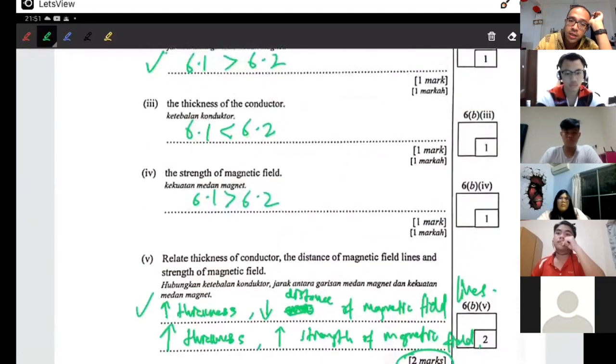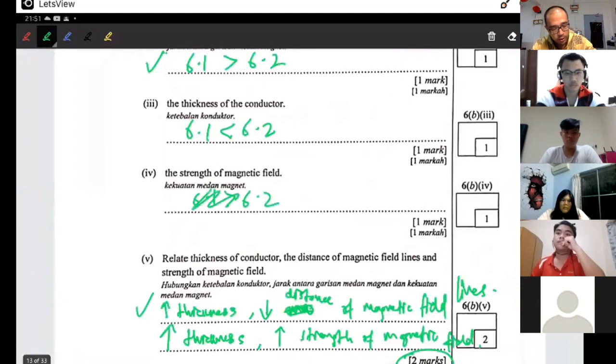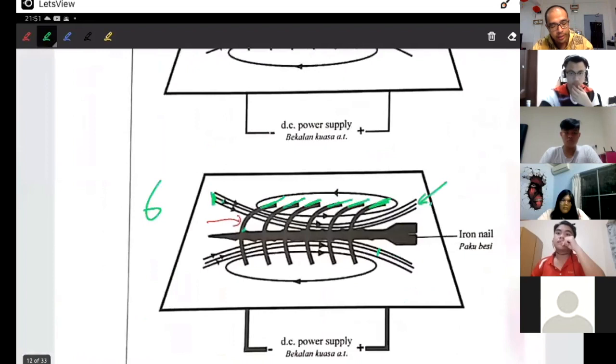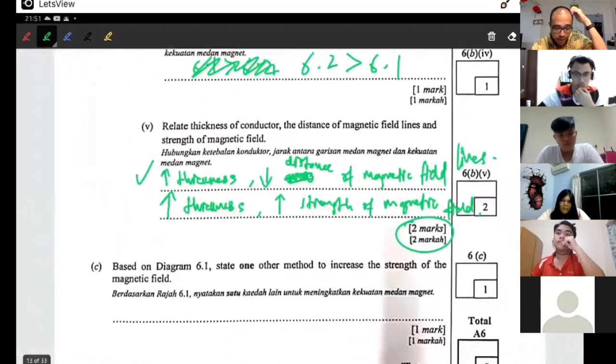Which magnetic field is actually stronger, 6.1 or 6.2? Oh, sorry, 6.2 is bigger than 6.1, because there are more lines here. So the bigger the thickness, the bigger the strength of the magnetic field.